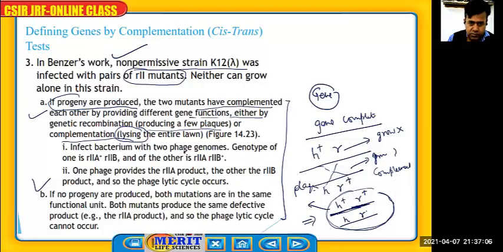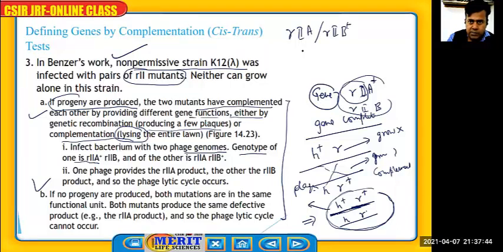So in fact, a bacterium with two phage genomes: the genotype of one is rIIA plus. Always you have to note down the genotype, because the gene is there. So always A plus is the gene, and rII is the strain. Okay, so rIIA plus and then rIIB. And another combination was rIIA, rIIB plus.